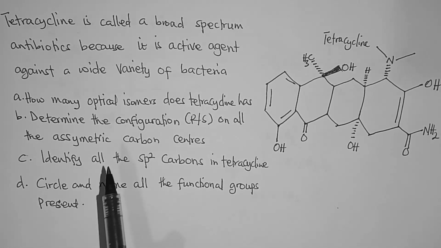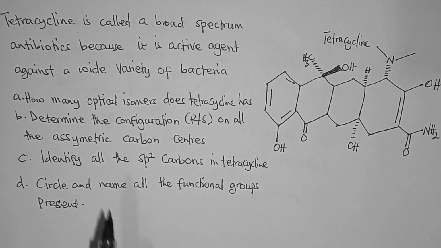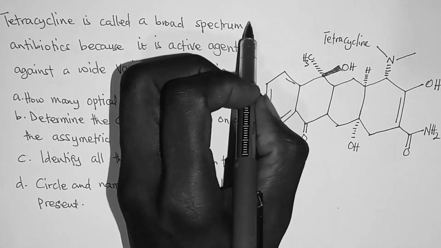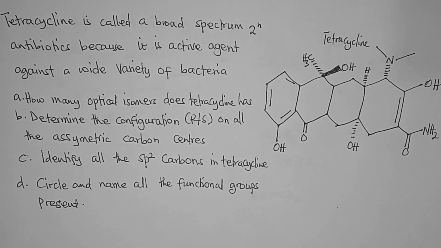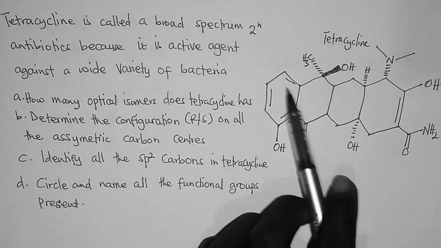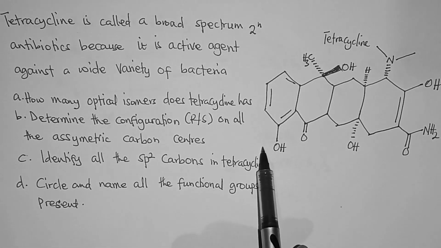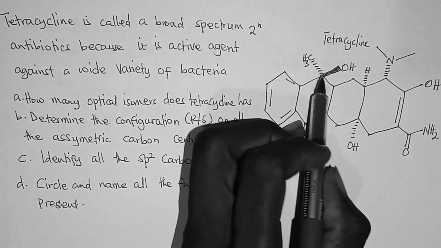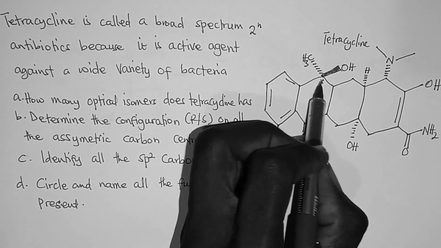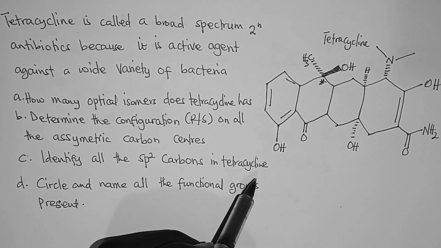The number of isomers that a molecule has is given as 2 exponent n, where n is the number of chiral centers in that molecule. So the first thing will be to determine the number of chiral centers in this molecule. You can see that this carbon has 4 different groups attached to it, and therefore it is a chiral center.